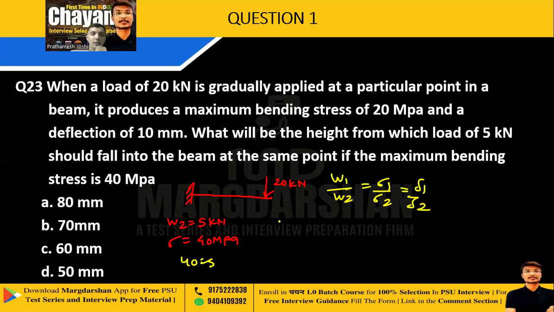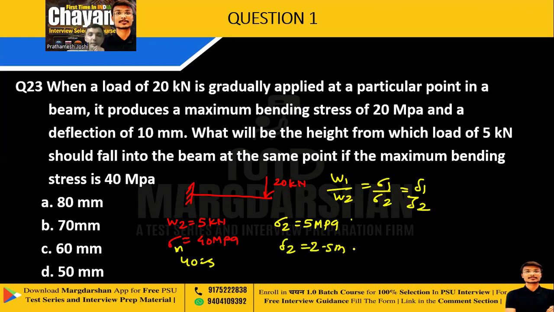So 20 upon 5, this will reduce 1 by 4 times. So sigma 2 would also become 5 MPa. Don't confuse it with the maximum; the maximum 40 MPa it could take. Now it is producing 20, and it will be producing 5 MPa over here. And delta 2 would be equal to 2.5 mm.